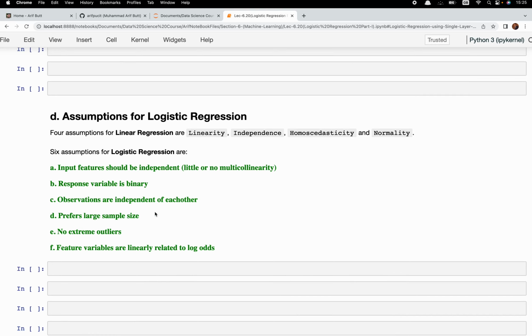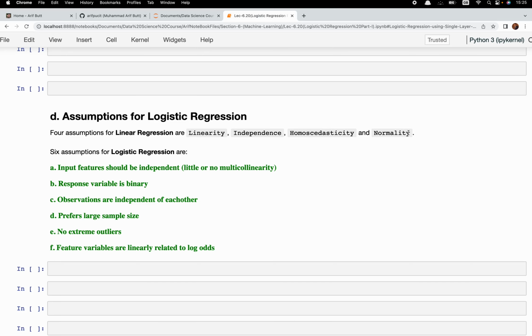Okay. I think this is the right time to talk about assumptions for logistic regression. We all know and have discussed in detail the four assumptions for linear regression, which are linearity, independence, homoscedasticity, and normality.